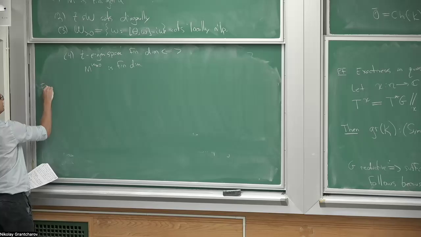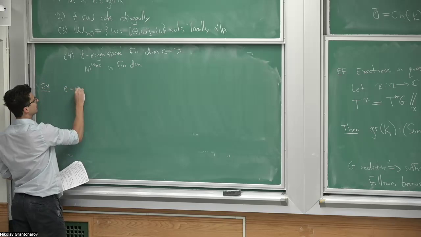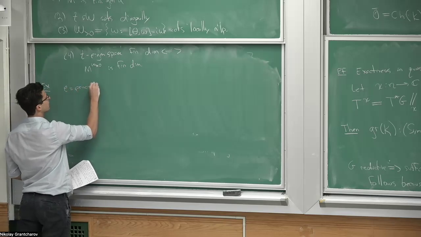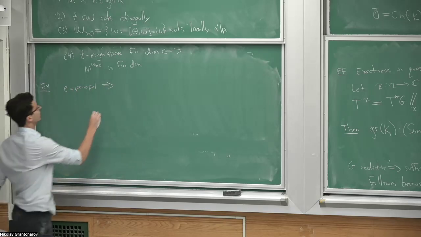So example, E is principal implies Q is 0.